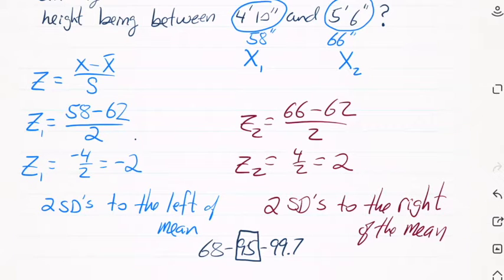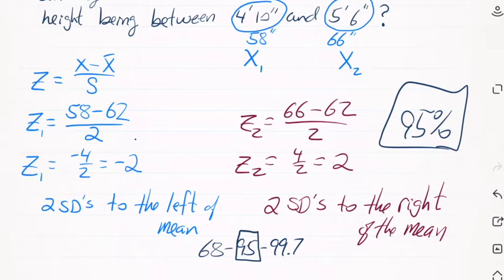So the percent of women in China that are between 4'10" and 5'6" is 95%. Almost all of the women in China are between those two heights. Pretty cool what we can do with this stuff.